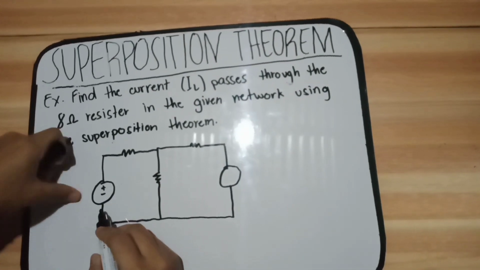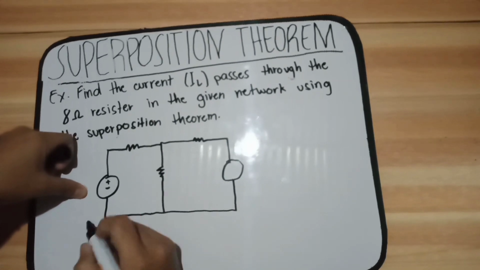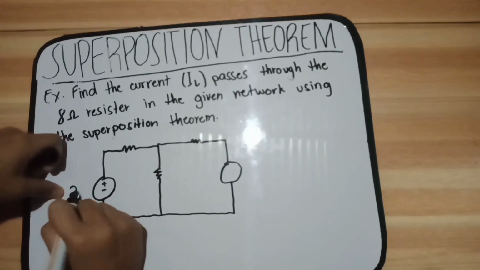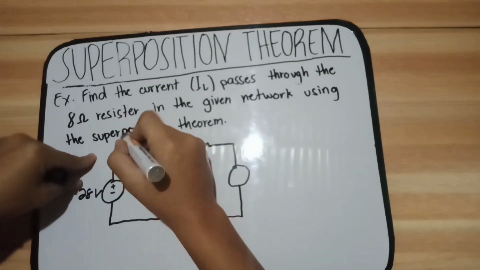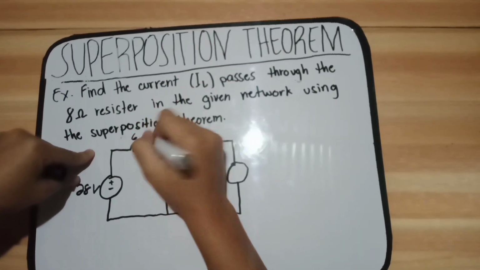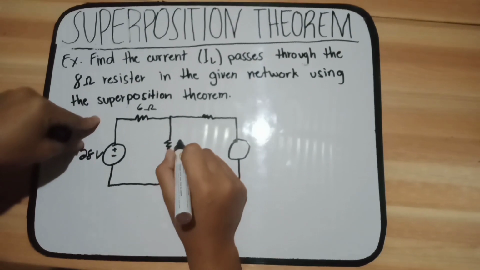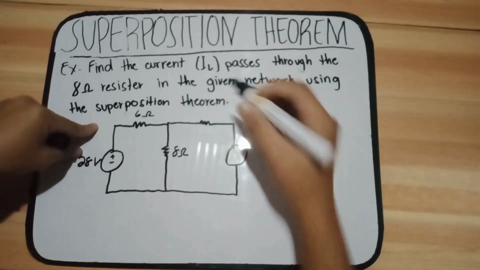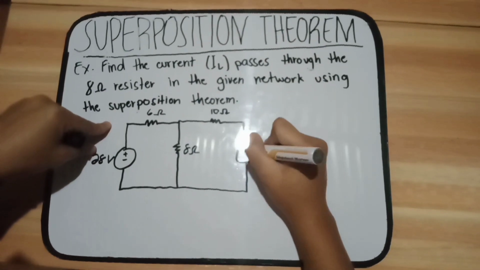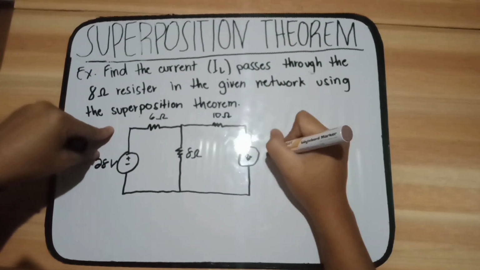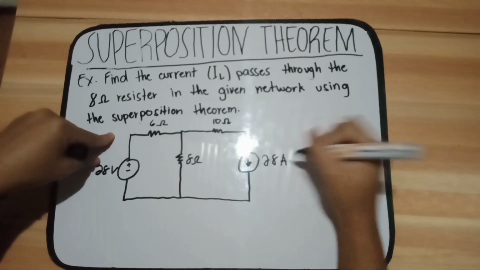So, this voltage is 28 volts. This resistance is 6 ohms, this one is 8 ohms, and this one is 10 ohms. And this current is 28 ampere.